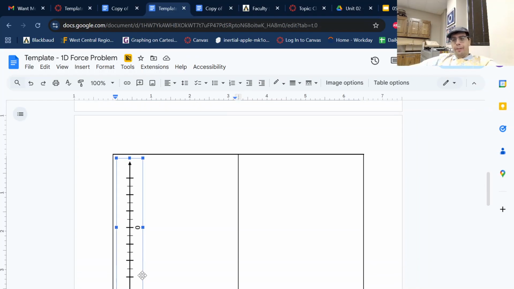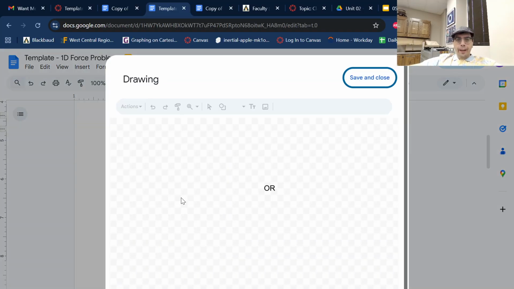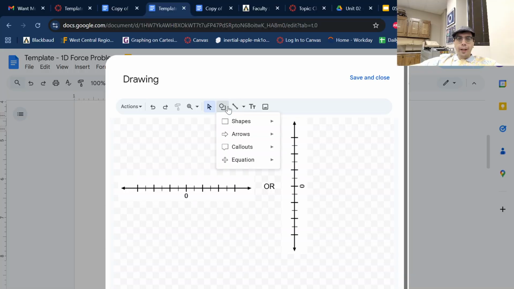I'm going to get rid of the giant one that I didn't intend to be there, and I'm going to put little dots on our starting points.